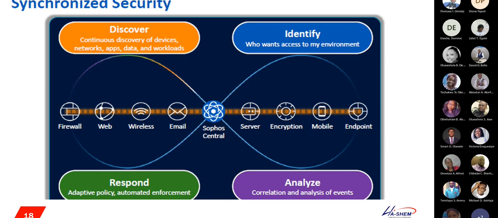You can leverage Synchronized Security if you have two or more Sophos products on your Sophos Central. To enable Synchronized Security, you just need two or more Sophos products that can work together, and at least one of the products must be managed through the Sophos Central management platform. You don't need any additional subscription to enable Synchronized Security from Sophos.